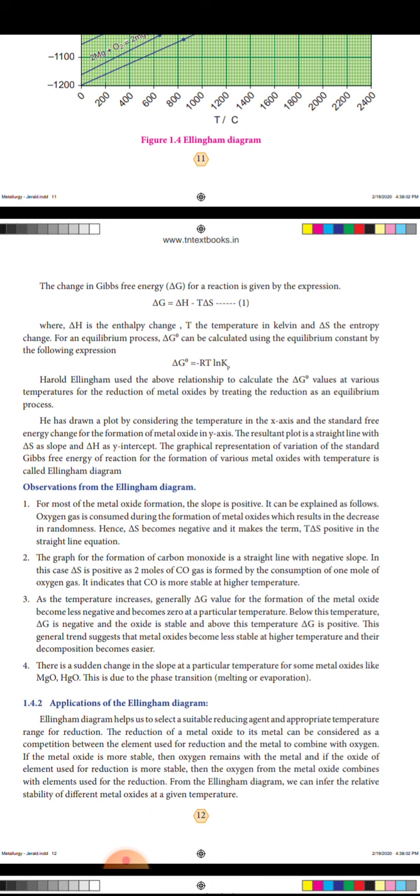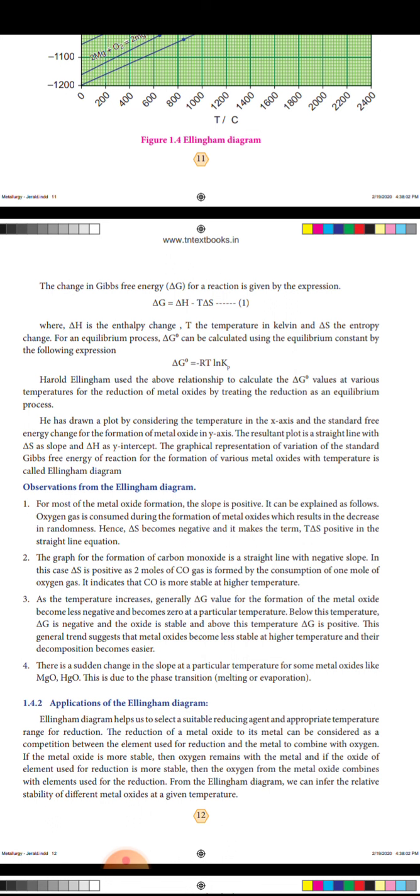The graph for the formation of carbon monoxide is a straight line with a negative slope. In this case delta S is positive, and 2 moles of CO gas are formed by the consumption of 1 mole of oxygen gas. It indicates that CO is more stable at a higher temperature.